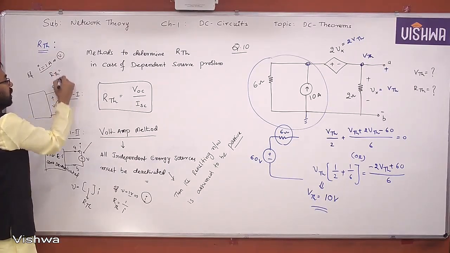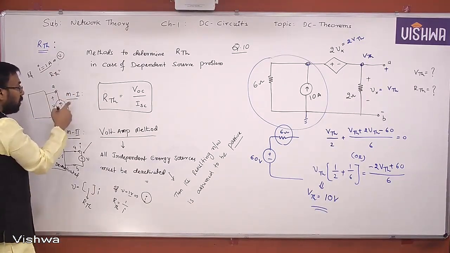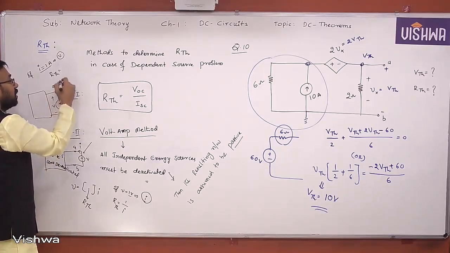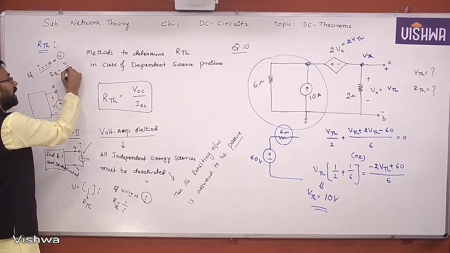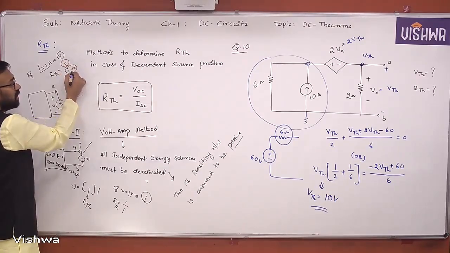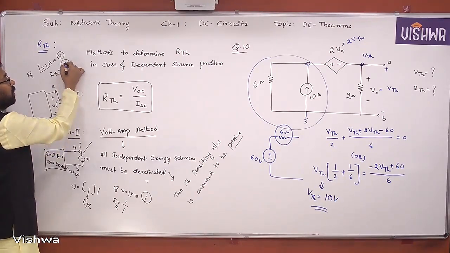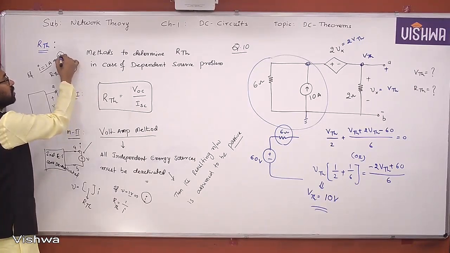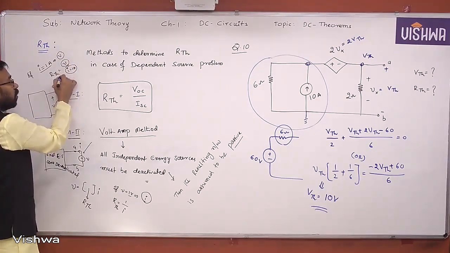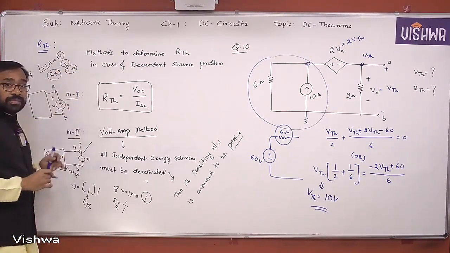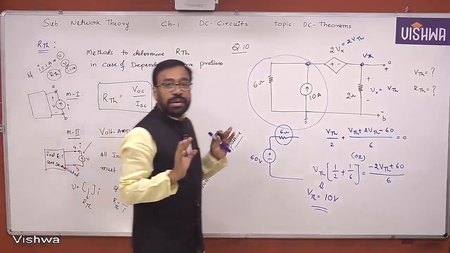Resistance between AB terminals, because you are removing the load, you call it RTH. Then again V by I. So I is assumed to be 1 ampere. So whatever the voltage value you get here, because its denominator is 1 ampere, therefore whatever the value that you get here, voltage, that is nothing but RTH value. So different people, different ways of calculation.